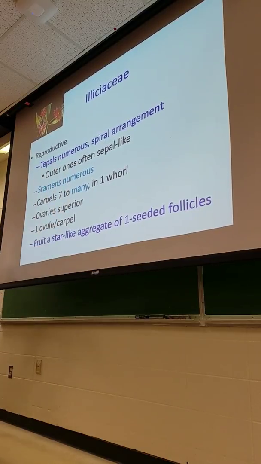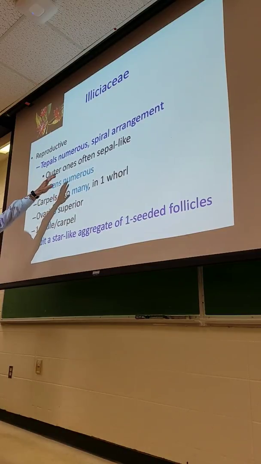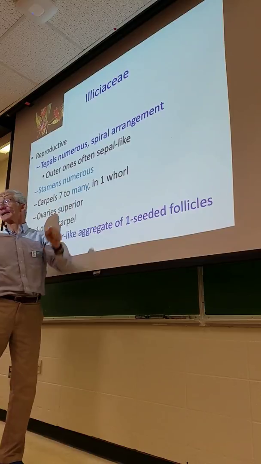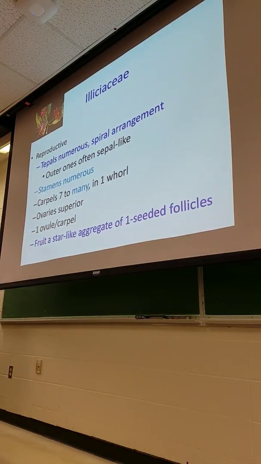So when I talk about merosity, remember, a lot of these have a lot of parts. But that's going to change as we move through the flowering plants. We have a lot of cool, weird evolutionary experiments here at the base of the flowering plants. And we have spiral arrangement again. That is going to change as we move out of some of these basal lineages. So these are things that, boom, right away are going to help you identify some of these.